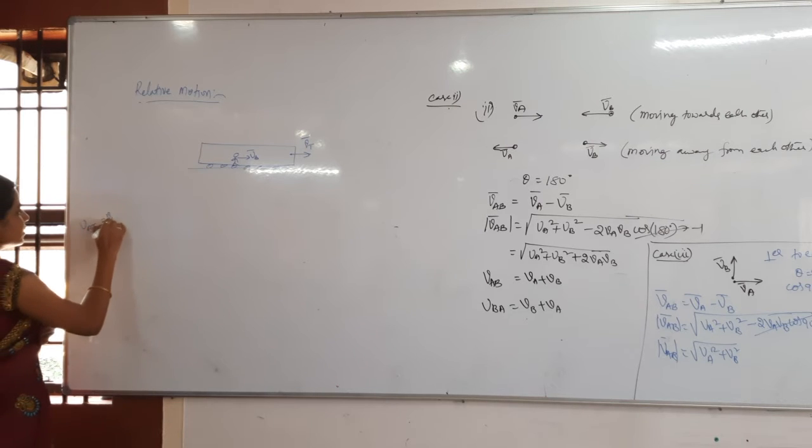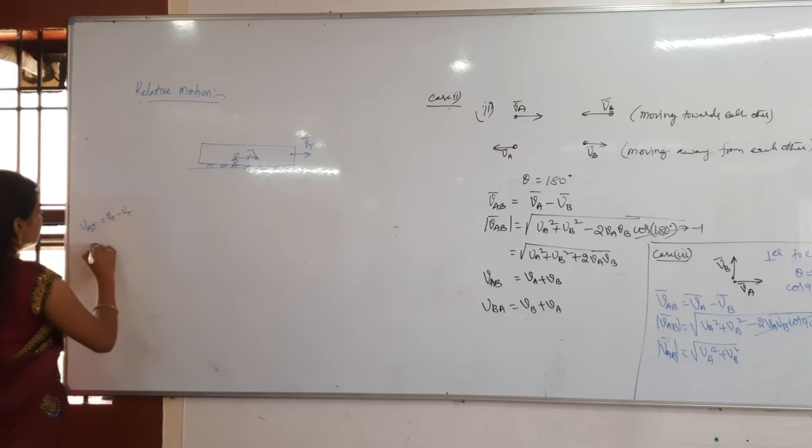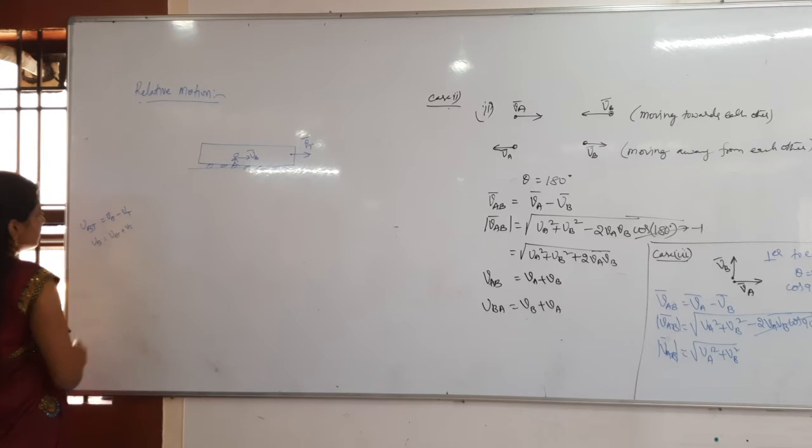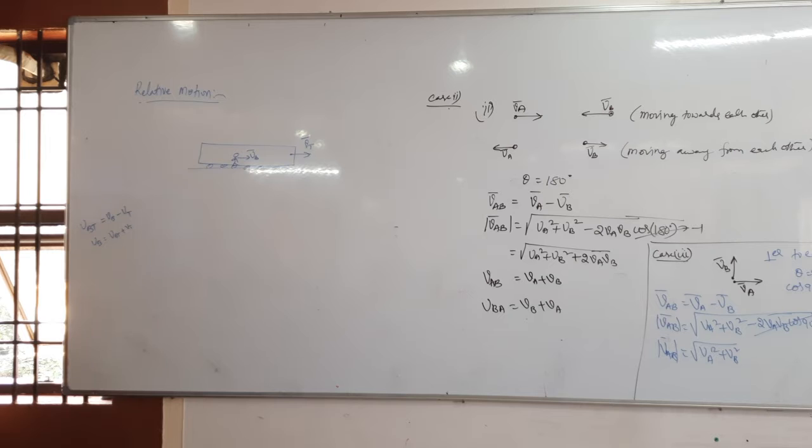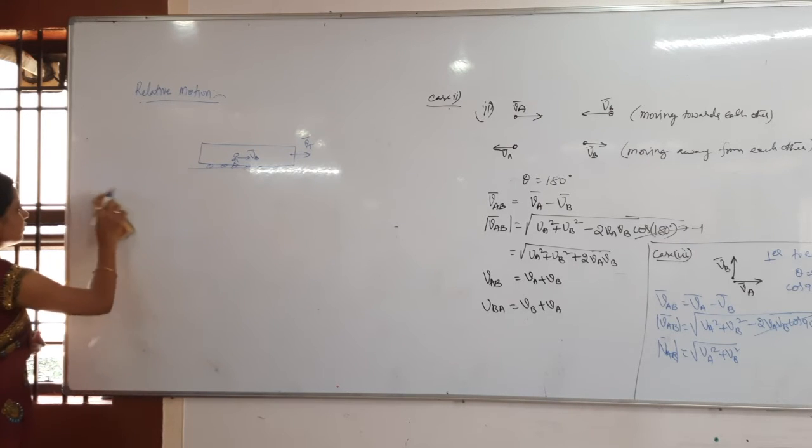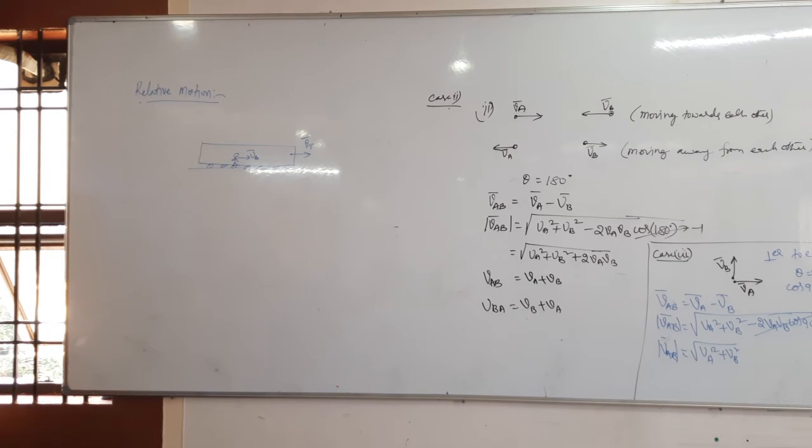Then Vbt is the velocity of the boy in the train.